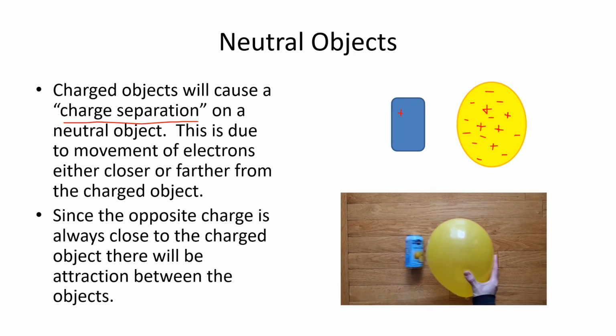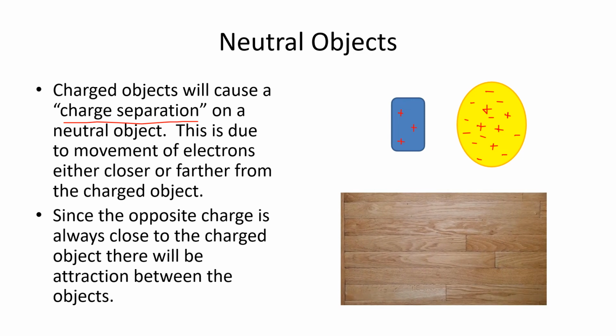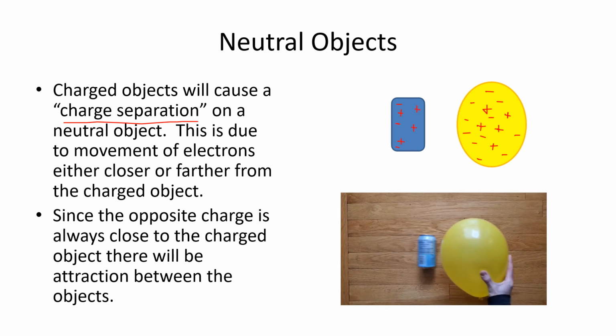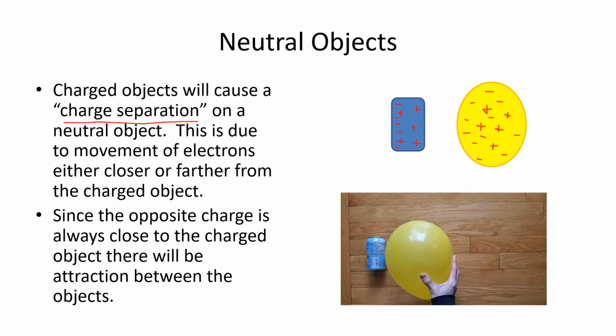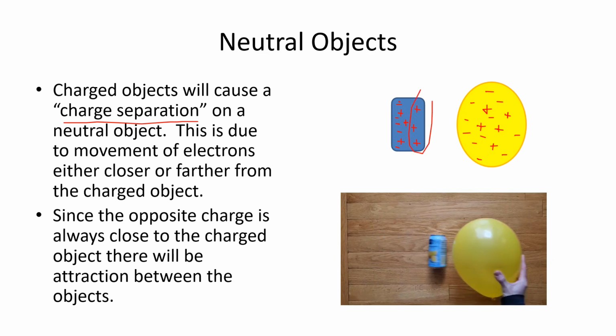So you can have a neutral object that has an equal number of protons and electrons. But if all the electrons are repelled and move away to the other side, then what's left is going to have a positive charge on one side, right?